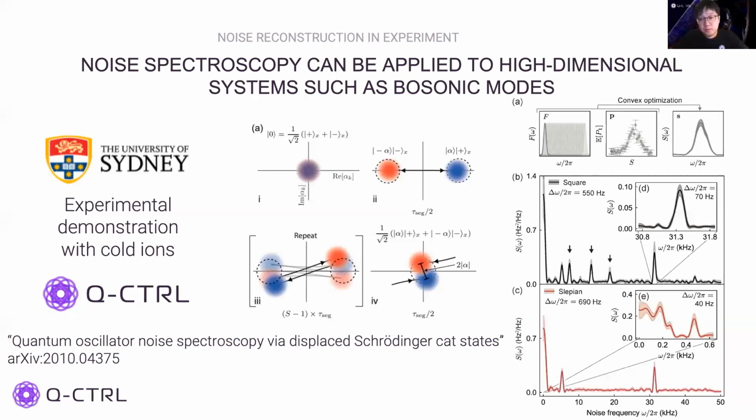The reconstruction in black was completed with sequences suffering the same spectrum leakage problems as the standard approach mentioned above, while the reconstruction in red was completed with narrowband Slepian pulses. We can see the black spectrum has fictitious peaks due to the higher order noise process interfering with the reconstruction process, while these are suppressed by use of Slepian controls.